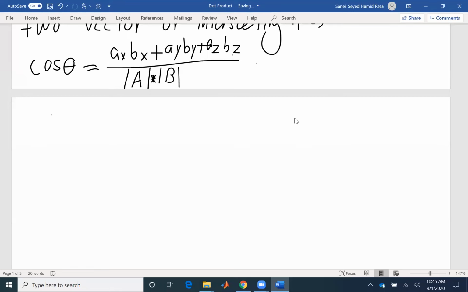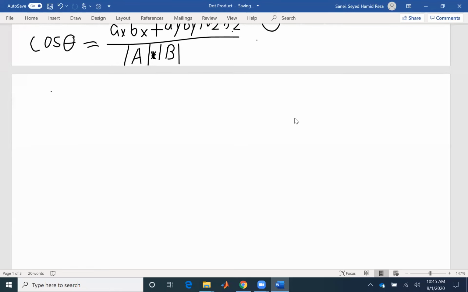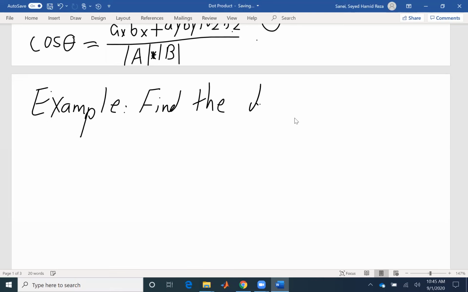So we are going to solve an example of dot product here. Example: find the dot product of vectors. We have two vectors. You're going to find the dot product.